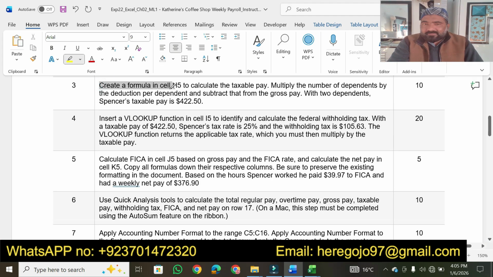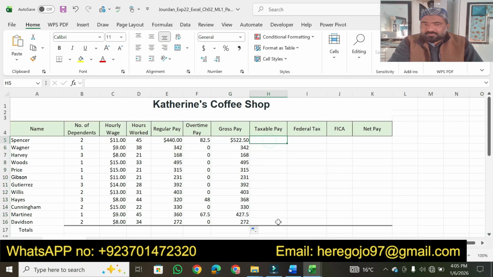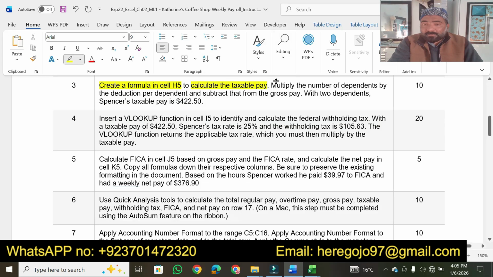Create a formula in cell H5 to calculate taxable pay. Here is H5 and we have to find taxable pay. Multiply the number of dependents by the deduction per dependent, then subtract that from gross pay. Okay, so with two dependents, taxable pay is this one.